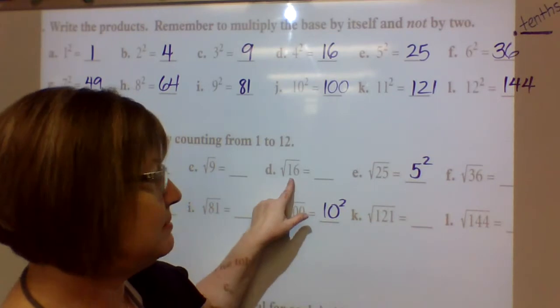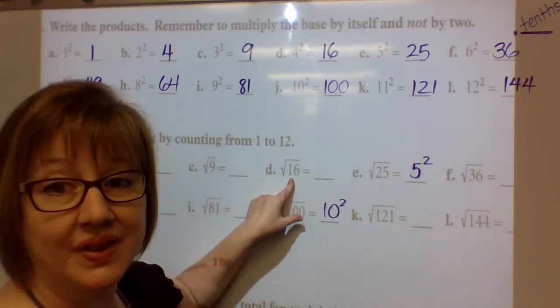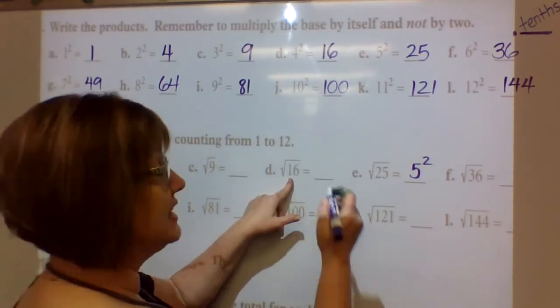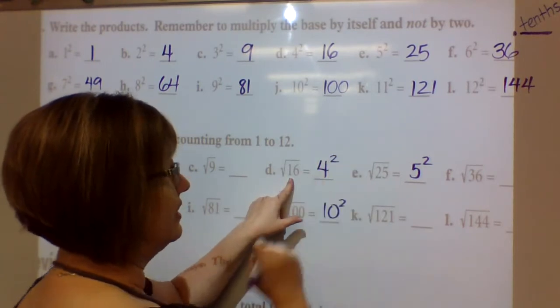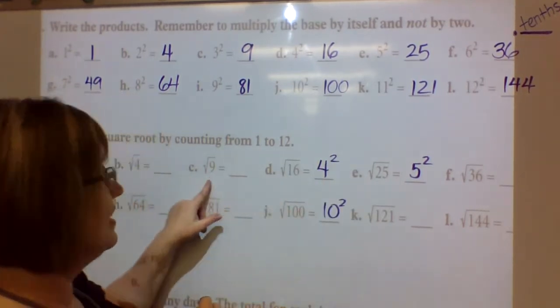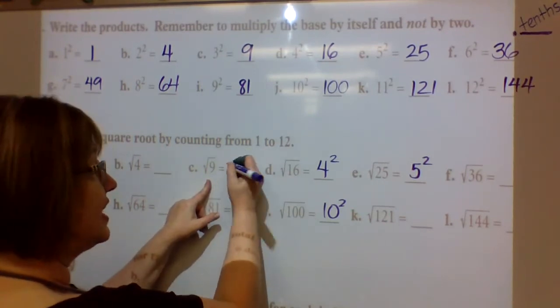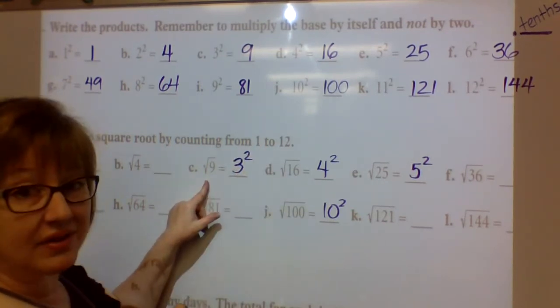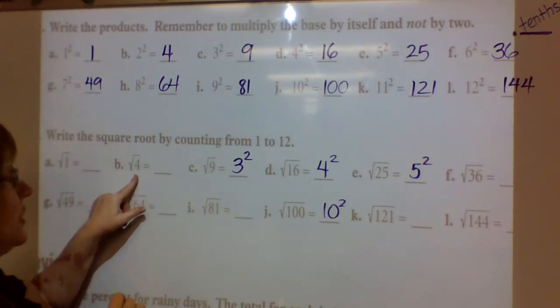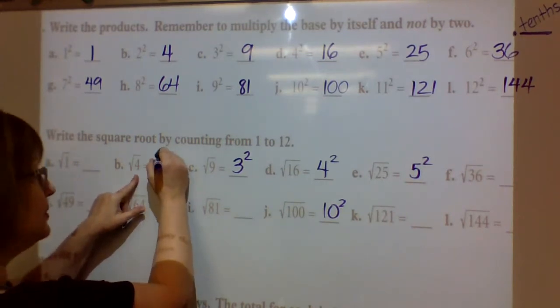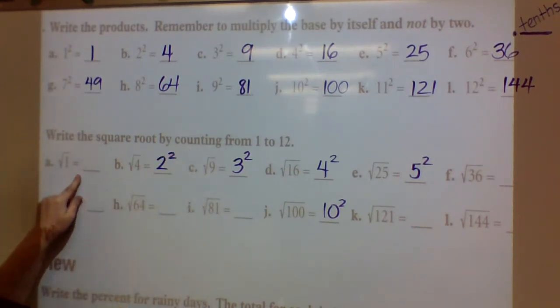Okay, so what times itself equals 16? 4 times 4 is 16. So 4 squared is 16. Okay, square root of 9. 3 times 3 is 9, right? What times itself equals 4? 2 times 2 equals 4. Okay, back to this one.